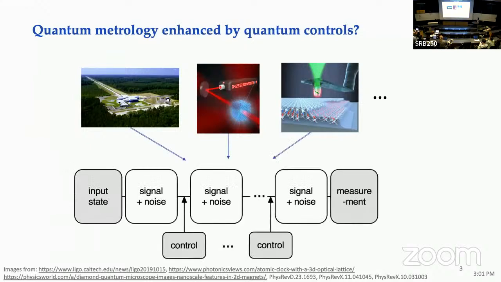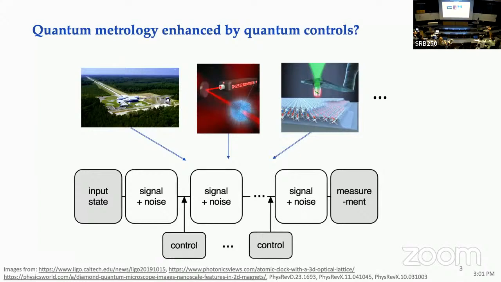So basically, in all quantum metrology, or most quantum metrology experiments, you always have some kind of quantum signal you want to detect in your quantum system. And then you also have some level of quantum noise in the system. So this is something that inherently exists in your quantum system, and you cannot have control over that.